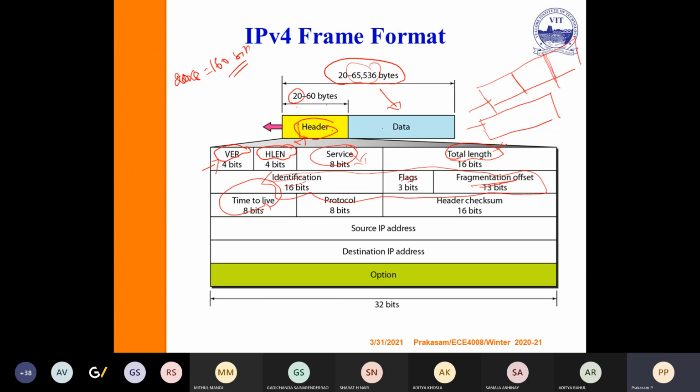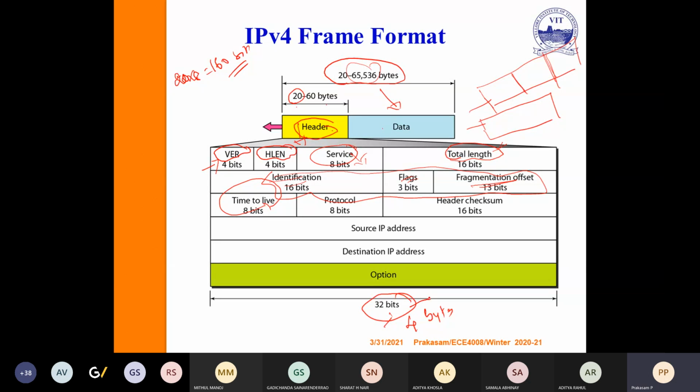So here also we are adding the checksum to monitor the error flow in the network layer. Next 32 bits are used to represent the source IP address. The next 32 bits are used to represent the destination IP address. If you see the header, this IP address, whether source or destination, is nothing but 32 bits, that is 4 bytes.